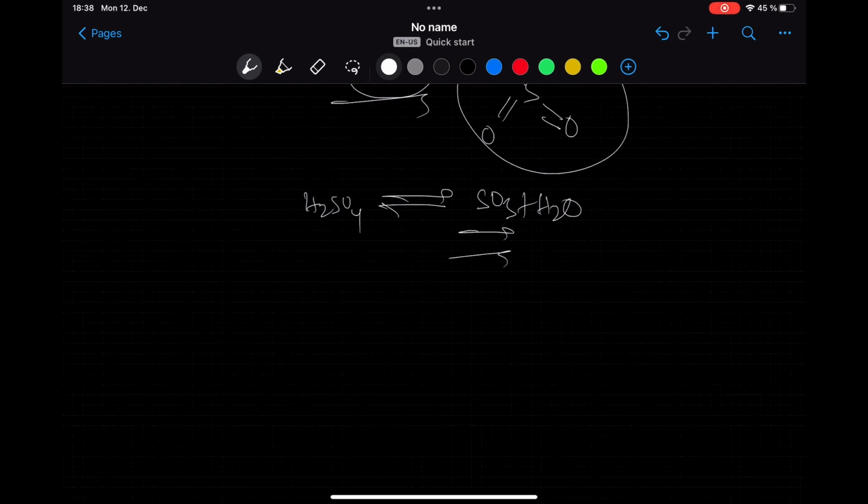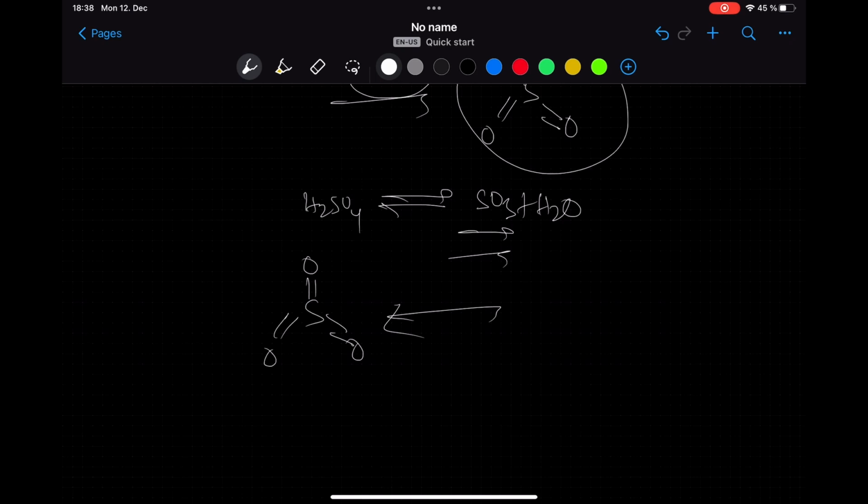Now, as I said, this is our structure for sulfur trioxide. And you can also imagine something like this: all the double bonds between sulfur and oxygen are breaking and the electrons are moving towards the oxygen atoms. And you can imagine these single bonds between sulfur and oxygen right now, and these negative charges are due to the extra lone pair of electrons added to those oxygen atoms.